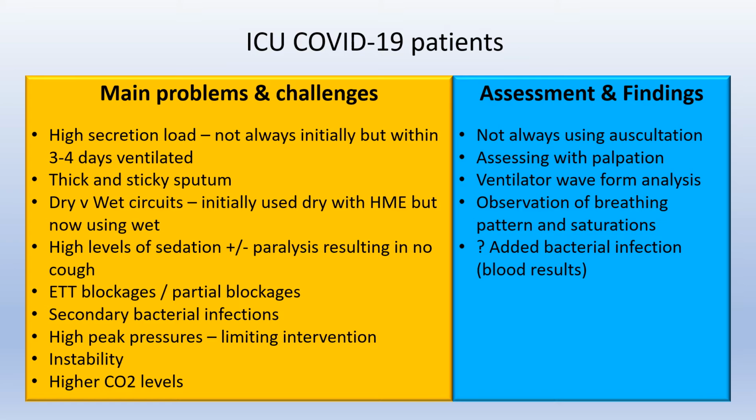Needing incredibly high levels of sedation and often paralysis for patients because they will breathe on top of the ventilator. So we then find that they don't have a cough, and it can be even harder to clear secretions. So sometimes we are working in pairs to vib while we're suctioning, perhaps using a head down position when somebody's proned, and again lots of saline sometimes.